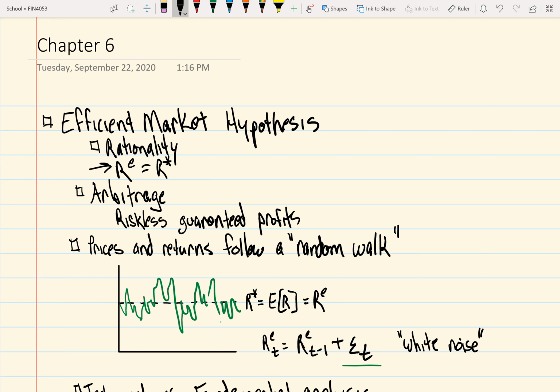Let's assume that I am irrational and I buy a bunch of Apple stock, and that causes it to be overpriced. Somebody else recognizing that, who is rational, will simply short sell that stock until the price tends towards equilibrium.